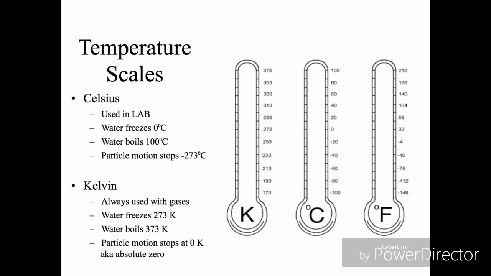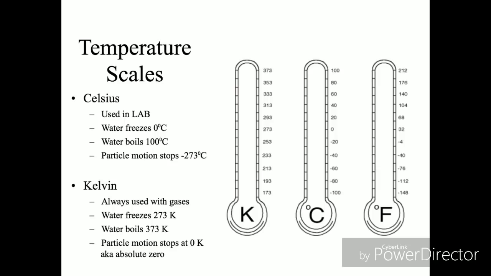Now, at a temperature of negative 273 degrees Celsius, there is no kinetic motion of particles. This temperature is called absolute zero on the Kelvin scale. The Kelvin scale is used so that 0 degrees corresponds with 0 molecular motion. In the Kelvin scale, water freezes at 273 Kelvin and water boils at 373 Kelvin.